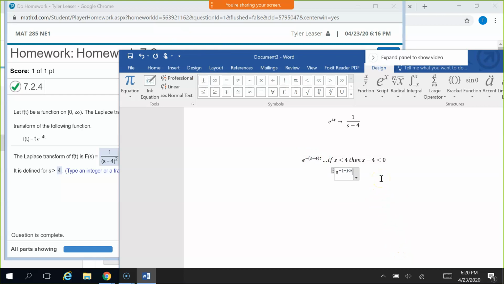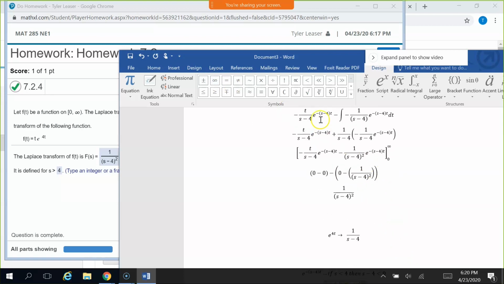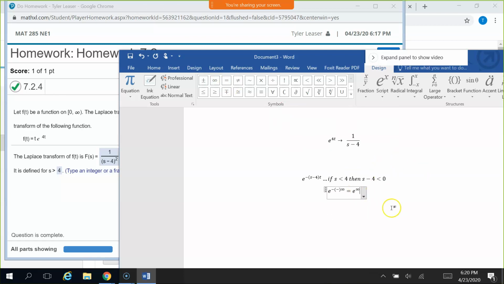Which really means that you're taking e to the positive infinity power, which is going to make it blow up, which means that your integral wouldn't exist. So because of this, you have to have s minus 4 to always be positive, and the only way s minus 4 can always be positive is if s is greater than 4.